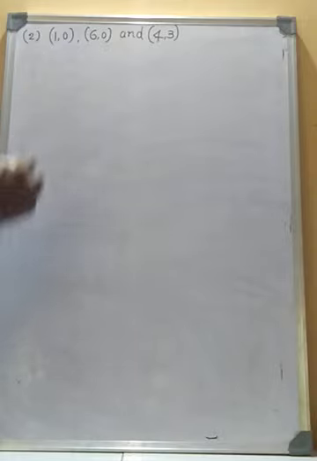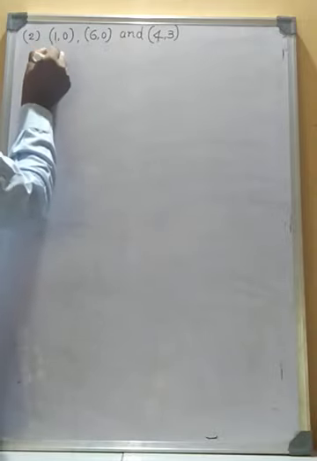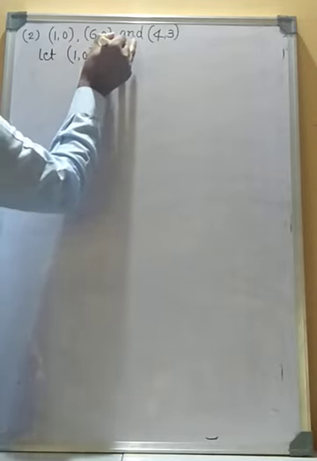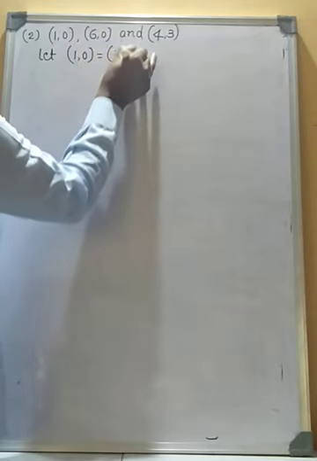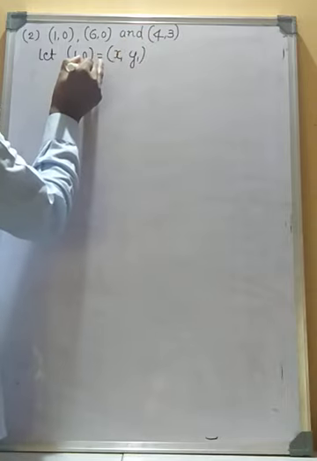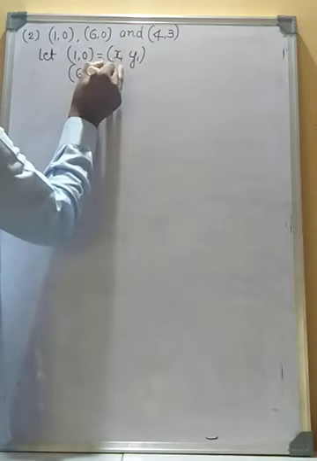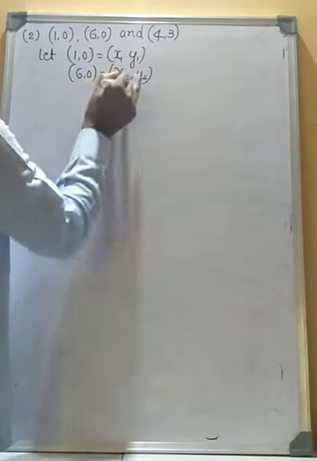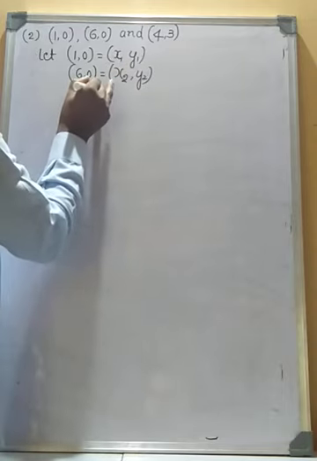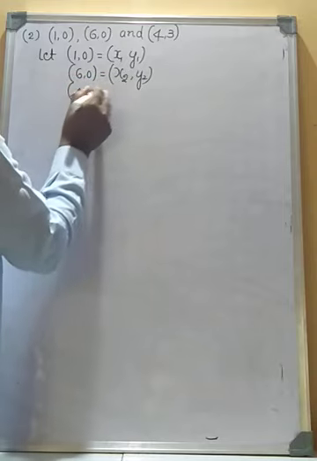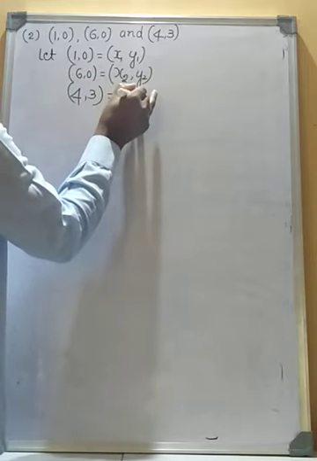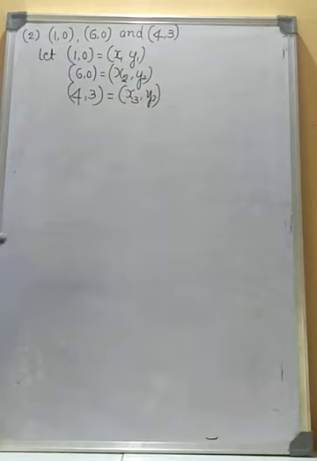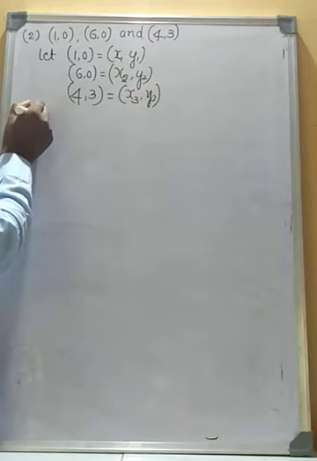Using these vertices, let 1, 0 be x1, y1, 6, 0 be x2, y2, and 4, 3 be x3, y3.